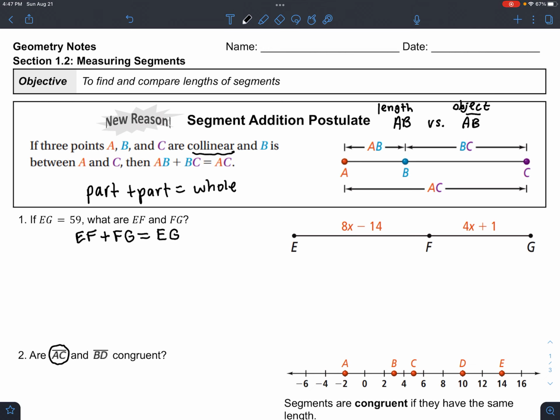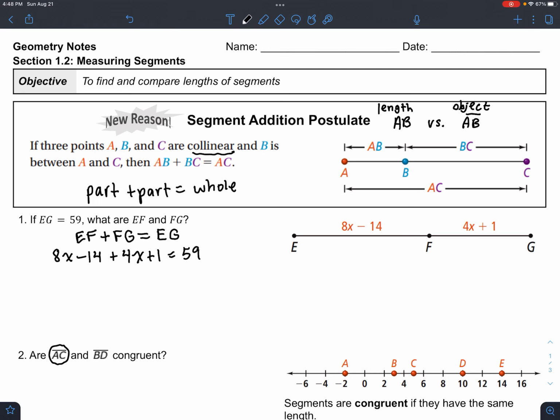And we just plug in what we know now. And this is what we do all the time in geometry. So I know that this is equal to 8x minus 14, and I know this is equal to 4x plus 1, and I'm told in the prompt that this is 59. So all the points for this question are pretty much taken up by this point.